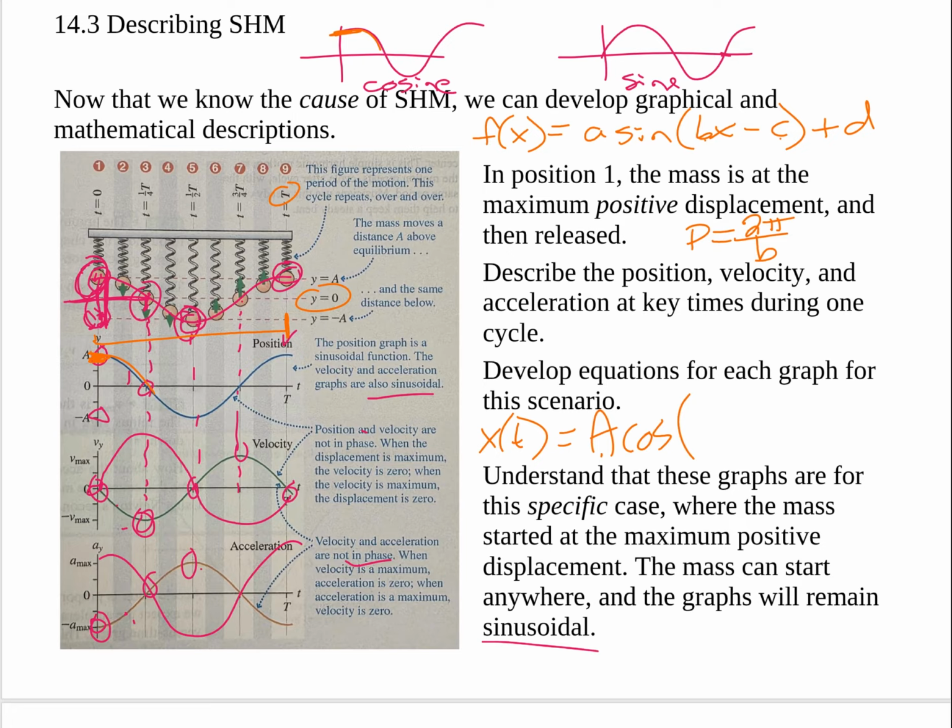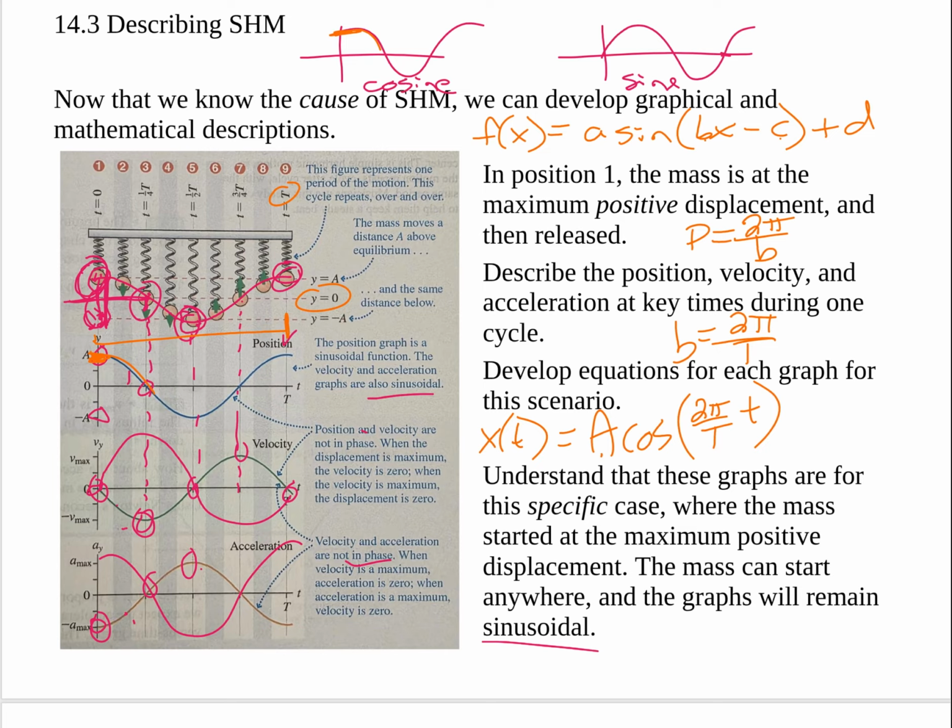So if I'm trying to plug in the b so that I have that number times t, I just need to solve for b. I know the period is capital T. So b equals 2 pi divided by the period, which is T. Until I know what the period is, I can't do anything more than that. So I would have 2 pi over T times time as time goes on. So that would be my equation for the position function.